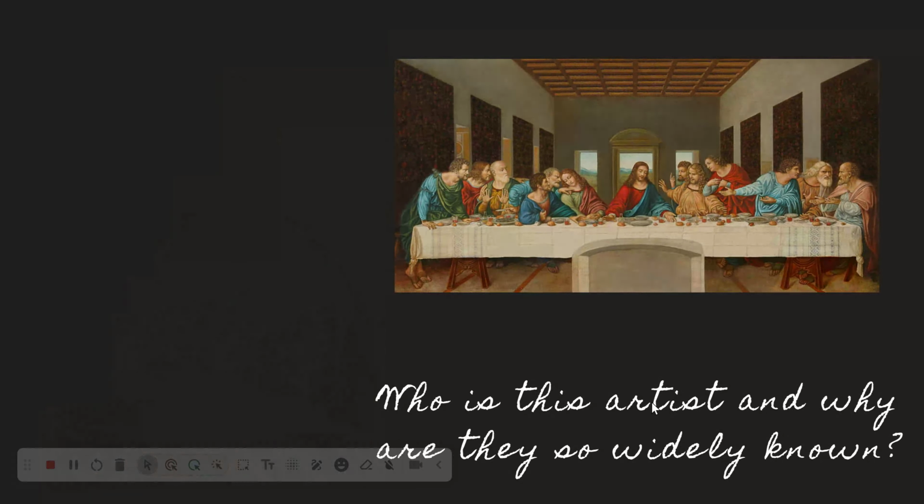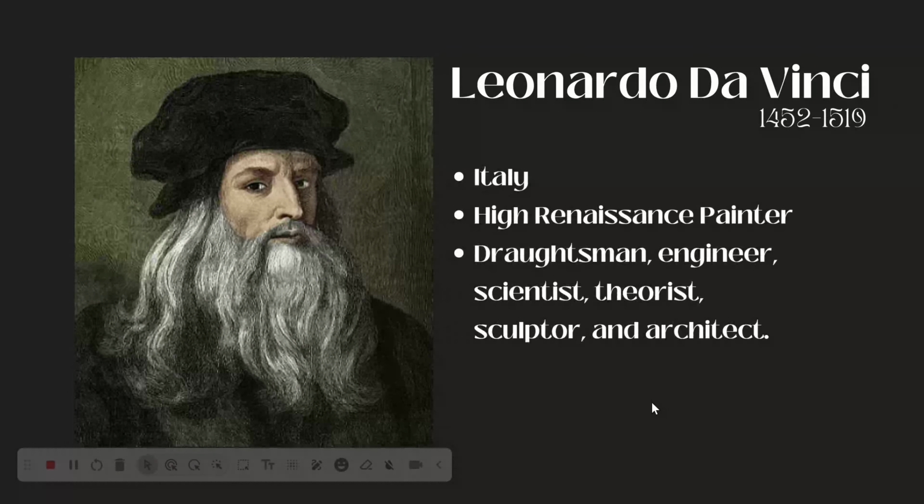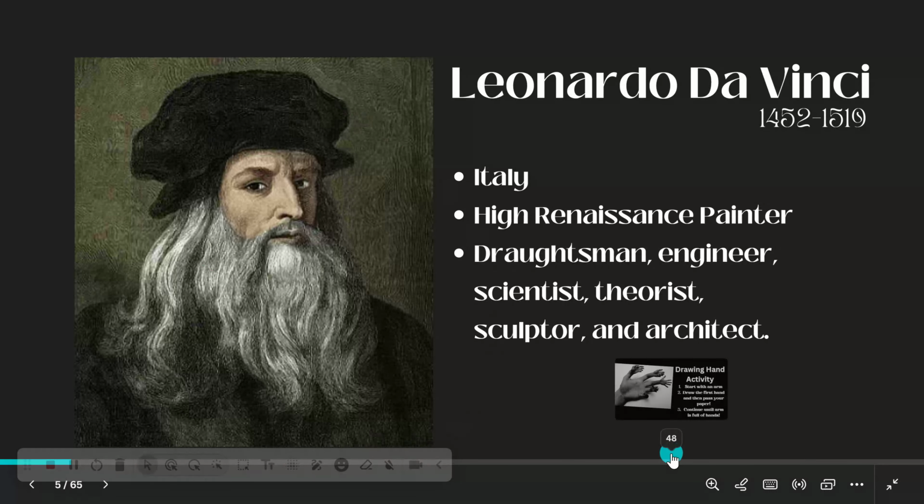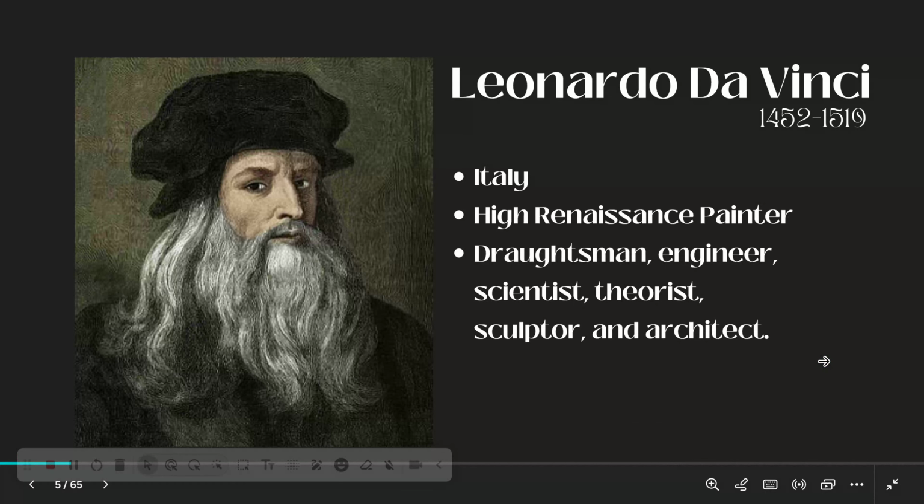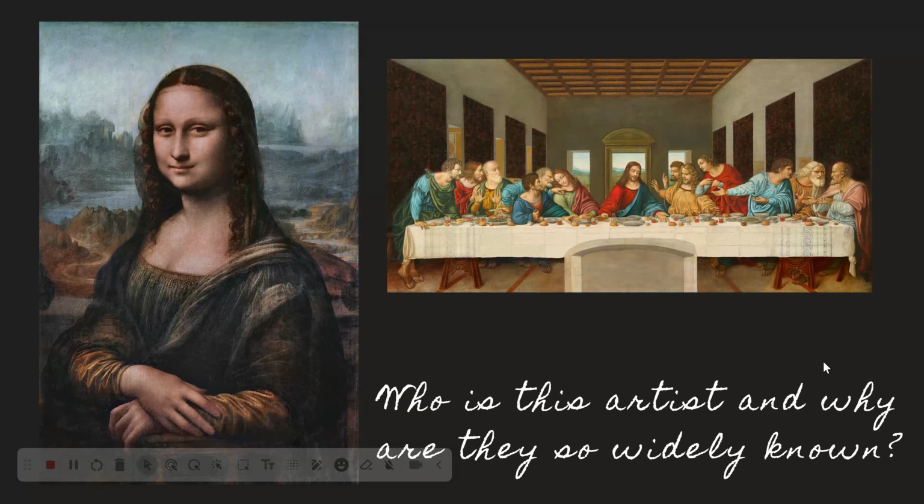So the answer is Leonardo da Vinci. Now, the old guy right here, he knew his stuff. He was really intelligent, and he was a really profound painter, especially during his time. He was commissioned a lot for portraits, and he painted one of the most well-known paintings of all time. When most people think of art, they think of the Mona Lisa.